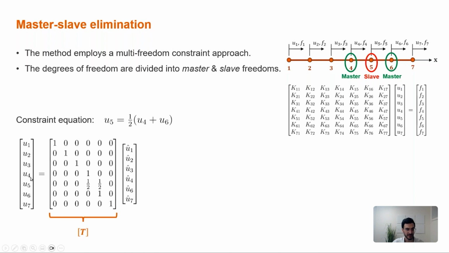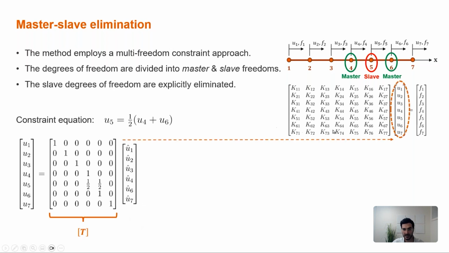On the left-hand side, we have the original degrees of freedom, which has 7 components. And on the right-hand side, we have a matrix, which is called the constraint matrix, multiplied by reduced degrees of freedom. Here, this vector only has 6 components.